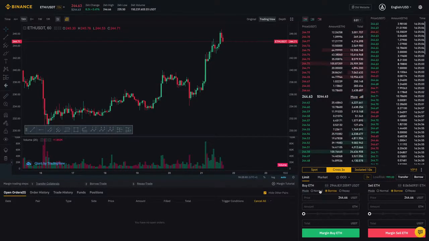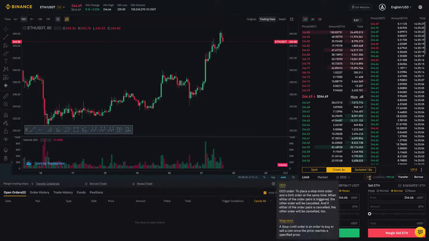So for example, borrow or normal, this is how much I have in my margin account at the moment, right? I have 970 USDT. But if I want to borrow, that's the maximum I can borrow based on my current position. Or if I want to repay it, then that's something else. But I haven't borrowed anything at the moment.